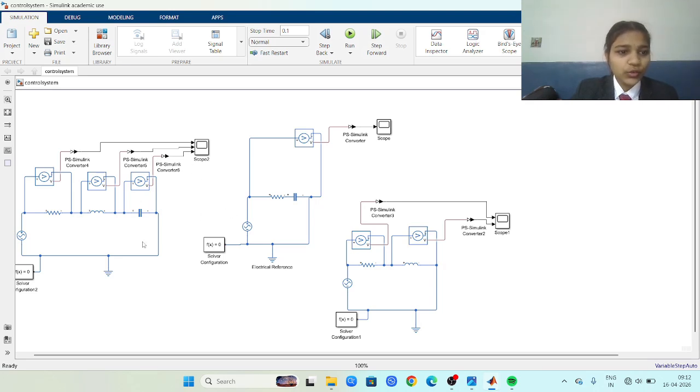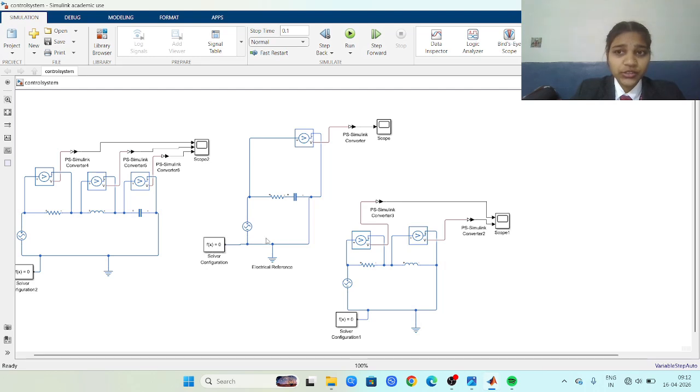There are two scopes, and this is solver configuration one, and this is solver configuration two, and the circuit works. To analyze the behavior of these circuits, we have used the transient and the steady state analysis, which is mainly used.